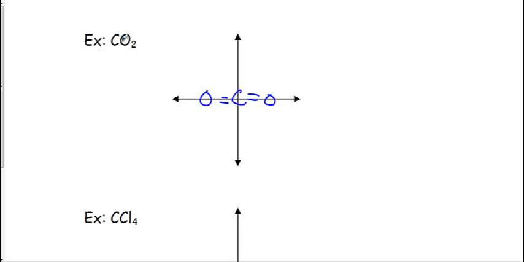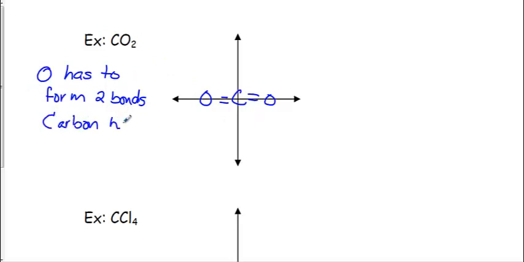In lesson 7, I showed you that oxygen has to form two bonds, and it can't form two bonds with each other when carbon is the central atom. All right, and carbon has to form 4. Okay, notice 1, 2, 3, 4 on the carbon, 2 on each oxygen.